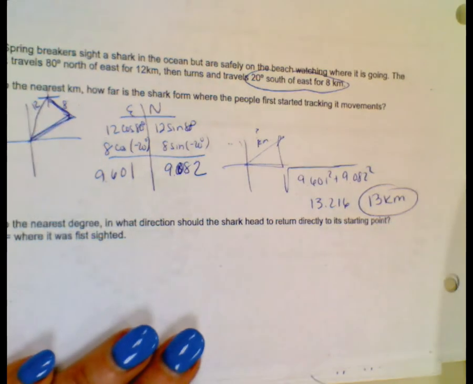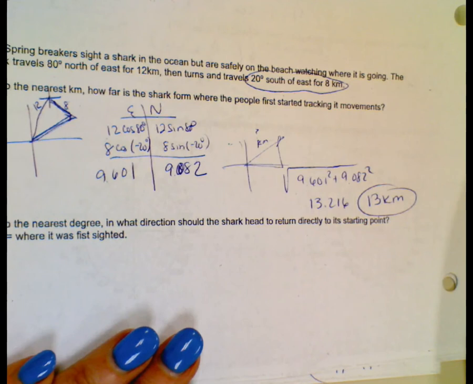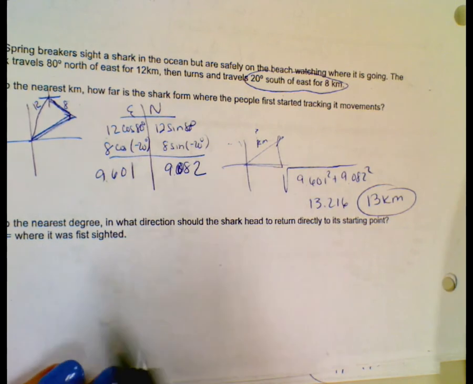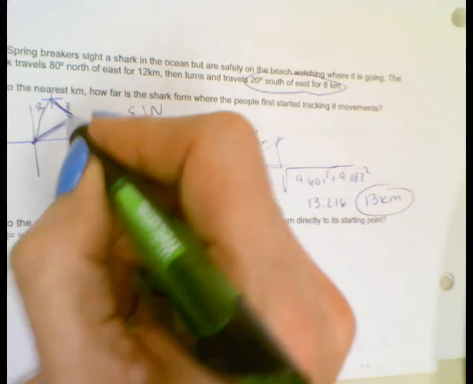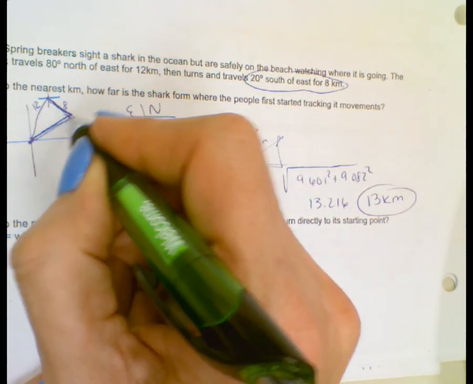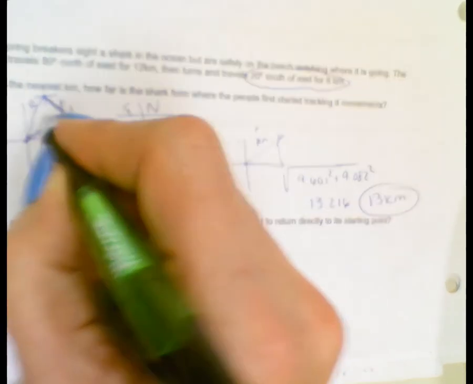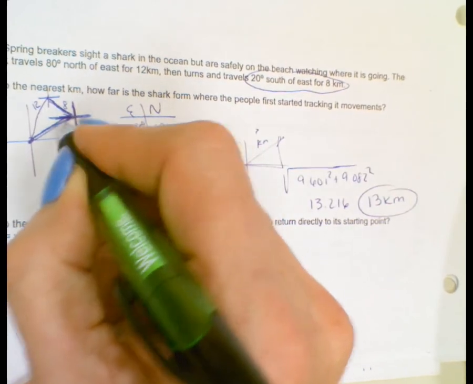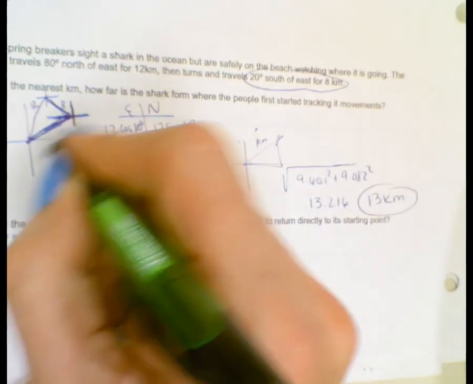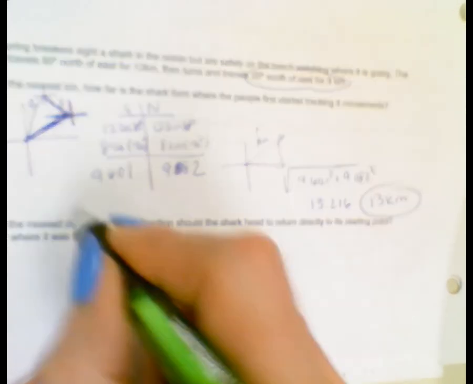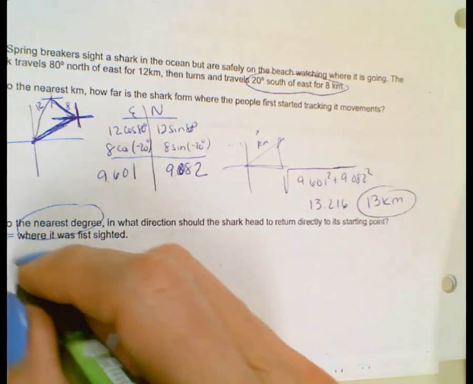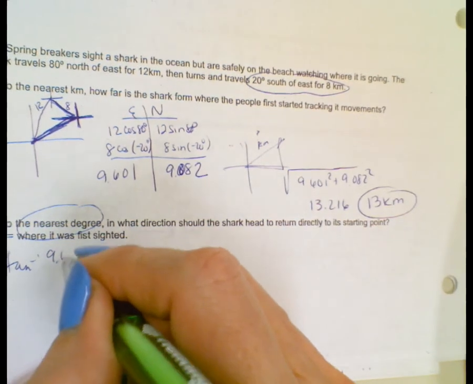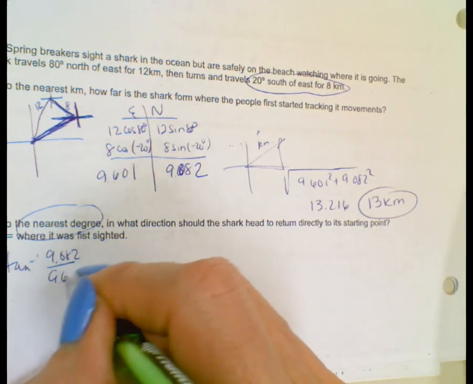Now, to the nearest degree, in what direction should the shark head to turn directly to its starting point? Okay, this is the start. This is where he turned. He turned right here. So if you put another XY axis right here, which way did he turn? He turned south of west. It does say to the nearest degree, so we're going to figure that out. So it's arctangent of the 9.082 from the chart above.